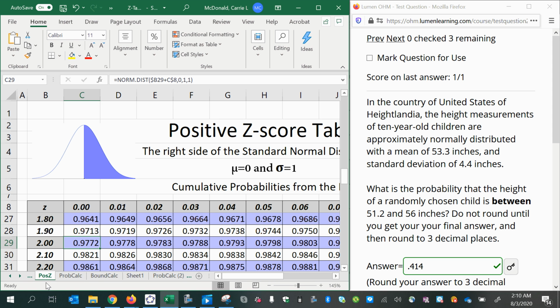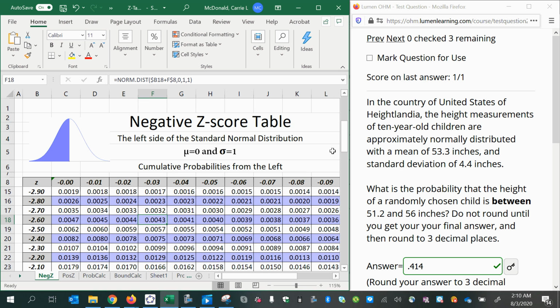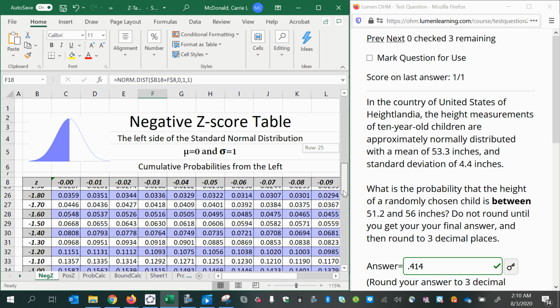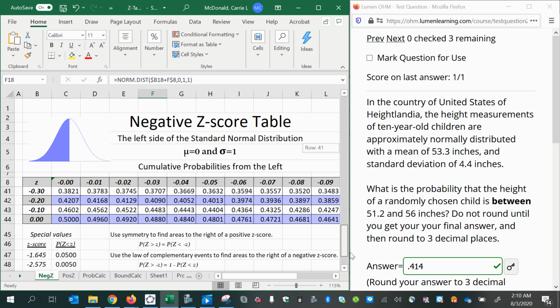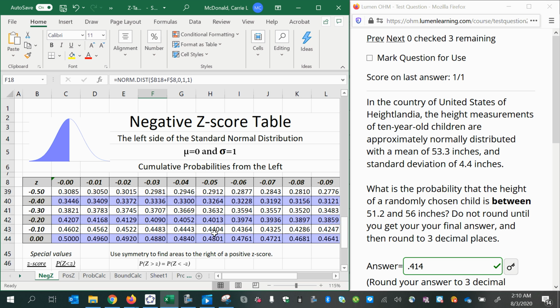So I'm going to look for the column that starts with 0 all the way to the left, and then 0.48, so it's 0.4 here in this row, lined up with 8 as the last digit in this column. So you can see that I found that same area using my z-score table.